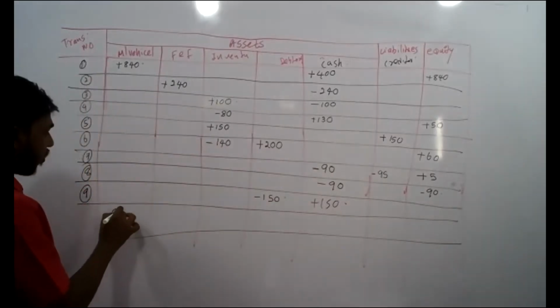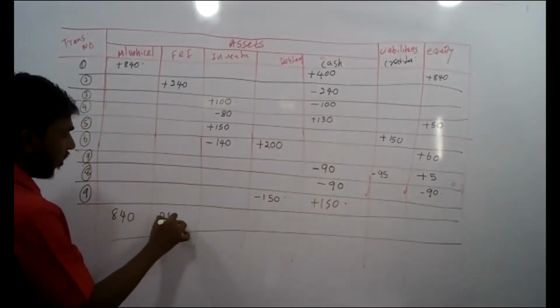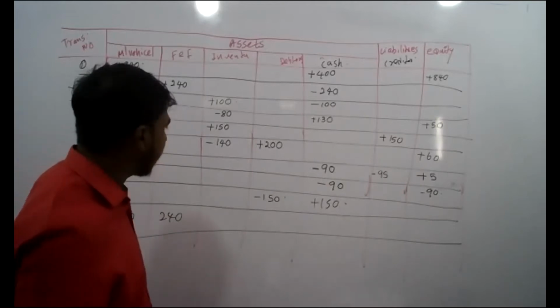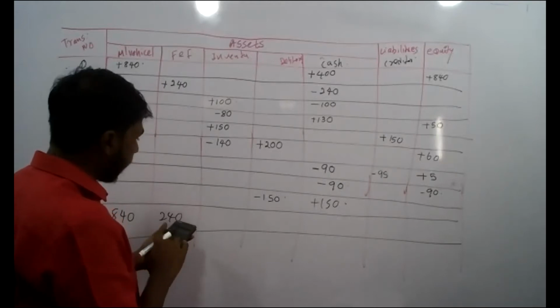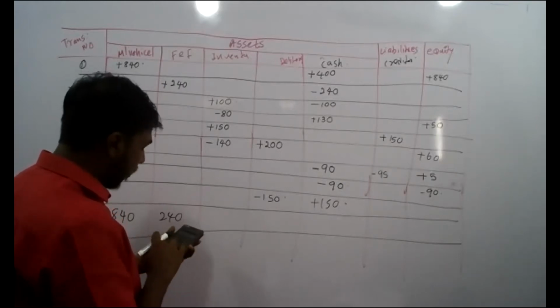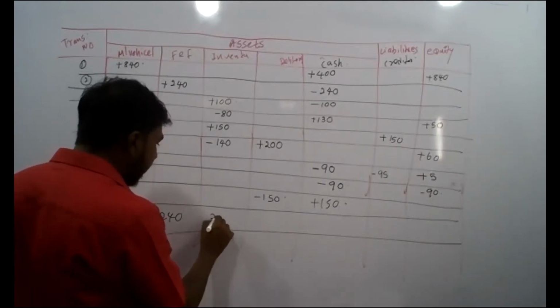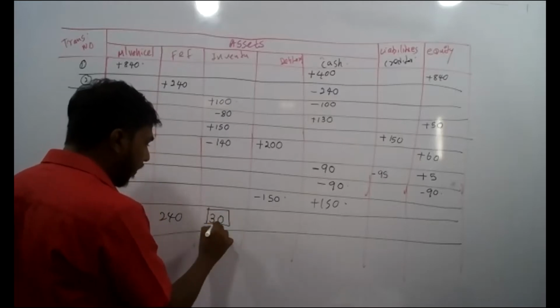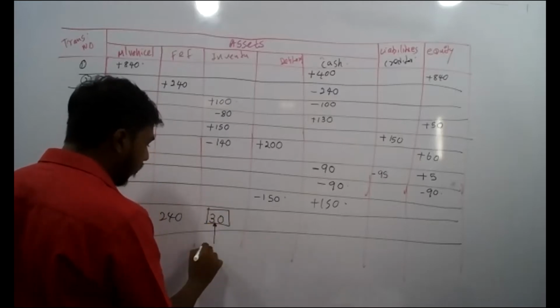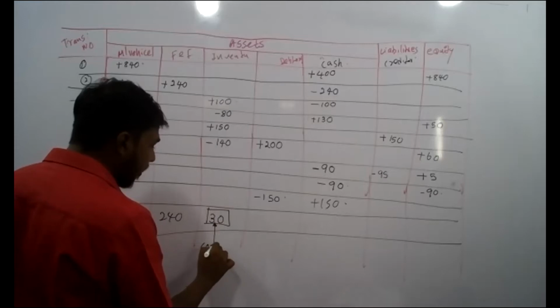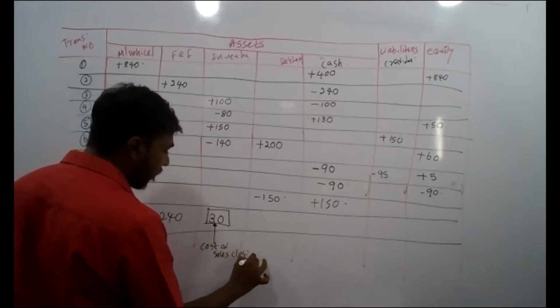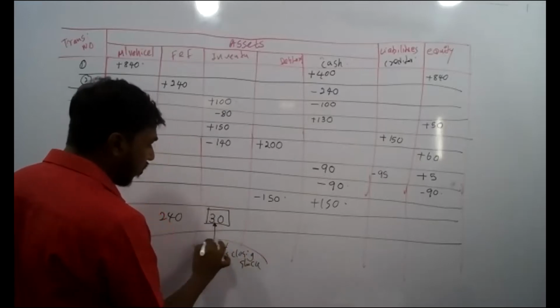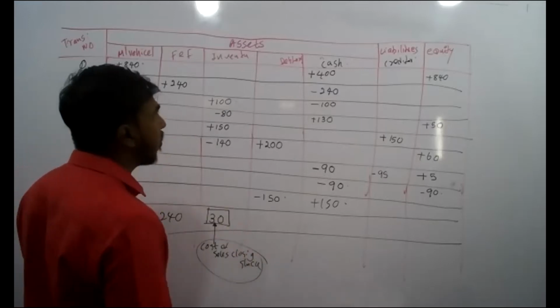Take the totals also. Motor vehicles 840. This is 240. Inventory, how much is it? Keep it in mind, you have to use this inventory as the closing stock in cost of sales. For the cost of sales, you have to take this as the closing stock.